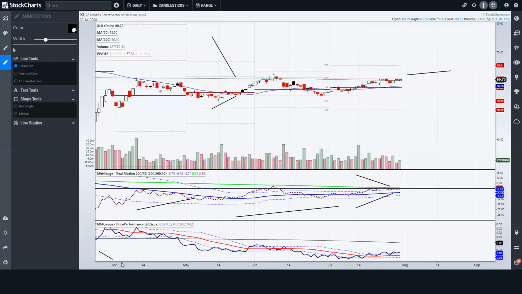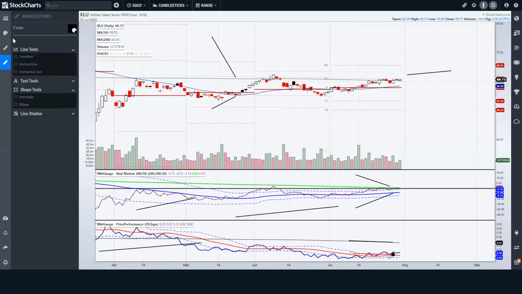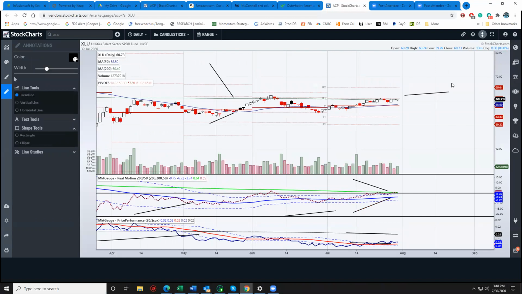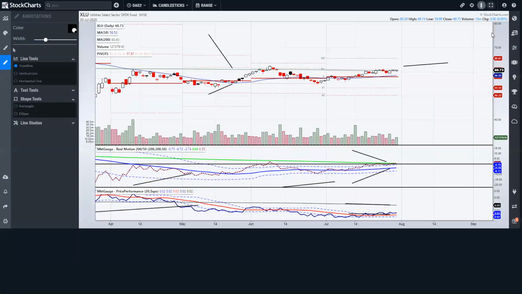The bottom chart here is what we call our Triple Play indicator. This part of it is looking at the relative performance, and again, it also has a couple of different moving averages and a Bollinger Band as well.